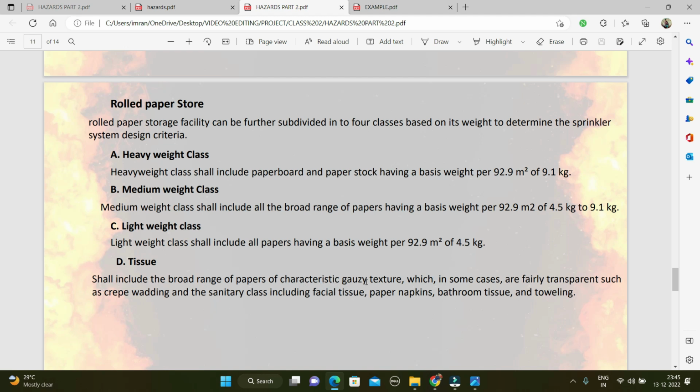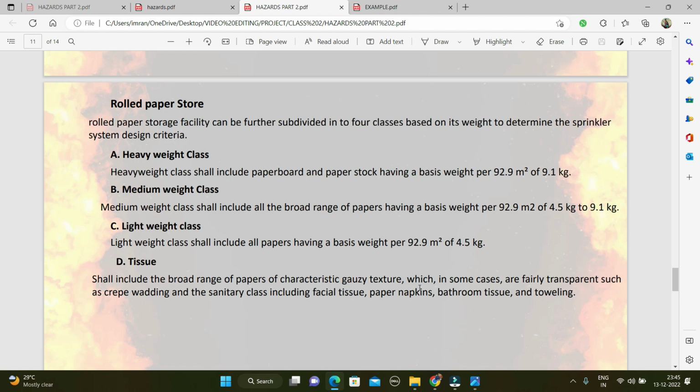Shall include the broad range of paper of characteristic gauzy texture, which in some cases are fairly transparent, such as crepe wadding, and the sanitary class including facial tissue, paper napkin, bathroom tissue, toweling.